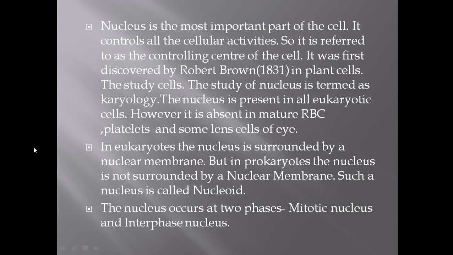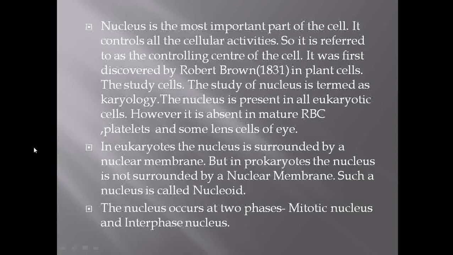In which cells is it absent? It is absent in mature RBCs, in platelets, and in the lens cells of the eye. Okay, is that clear to you? Right, let's move to the next point.